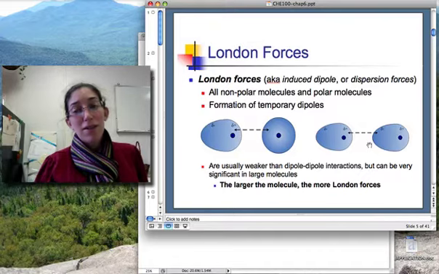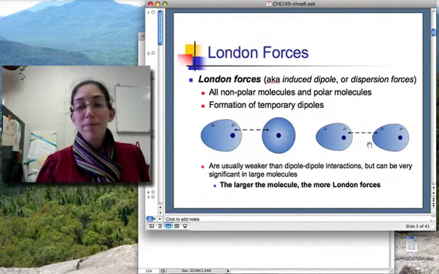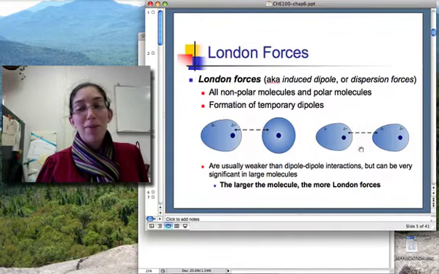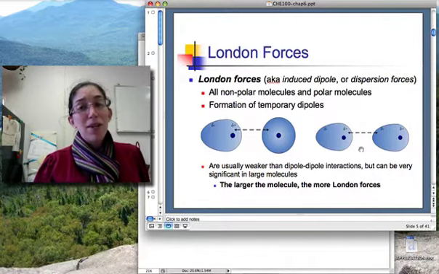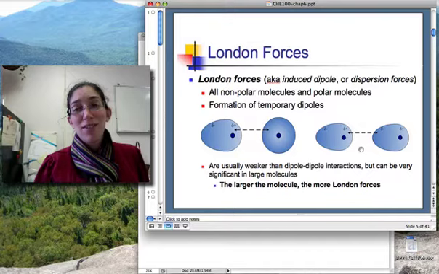So all molecules experience London forces because they occur from formation of these transient temporary dipoles in atoms. And they're pretty weak types of interactions because they're pretty subtle dipoles that form.